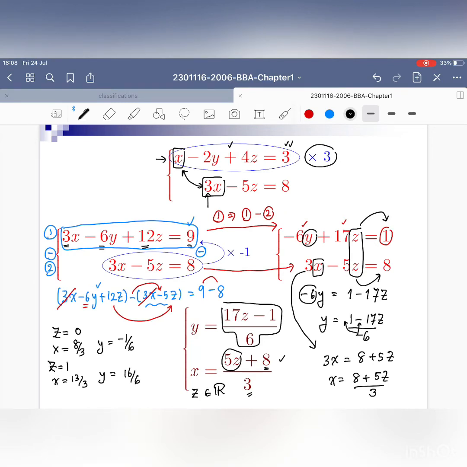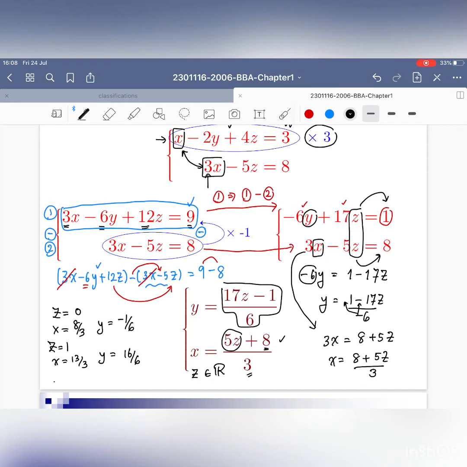So what does this mean? It means that you have infinitely many solutions of your x, y, and z, the triple x, y, z, depending on the value of z.